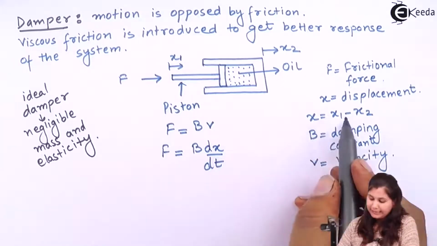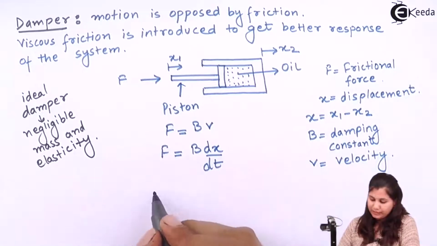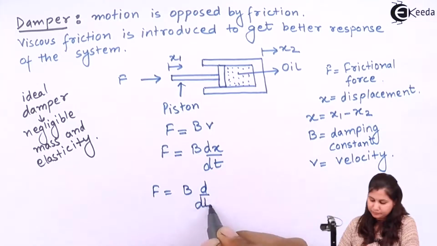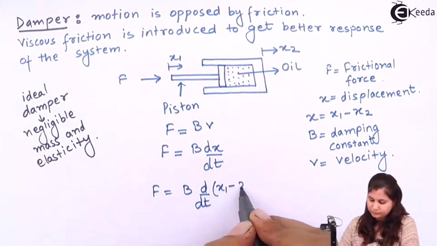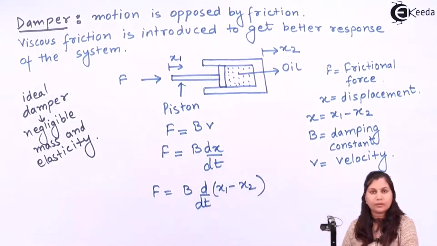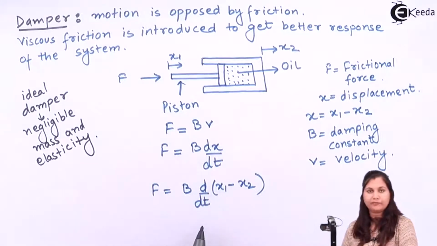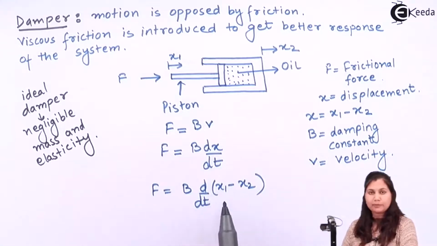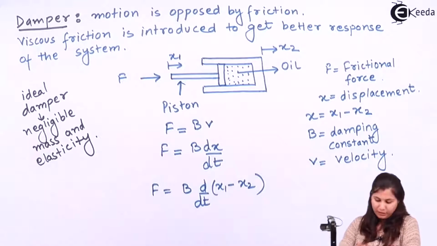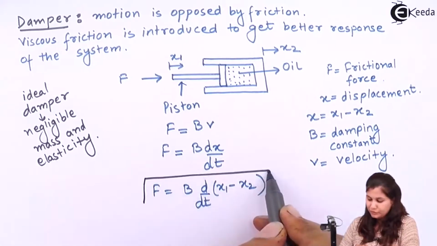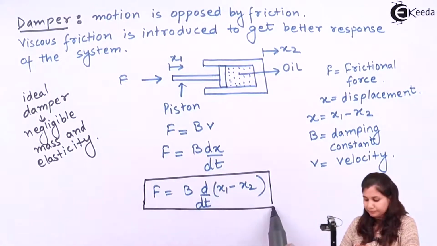Now if we put x as x1 minus x2, the force equals the damping constant times the differentiation of the difference between the two displacements. So this is the mathematical model of a damper.